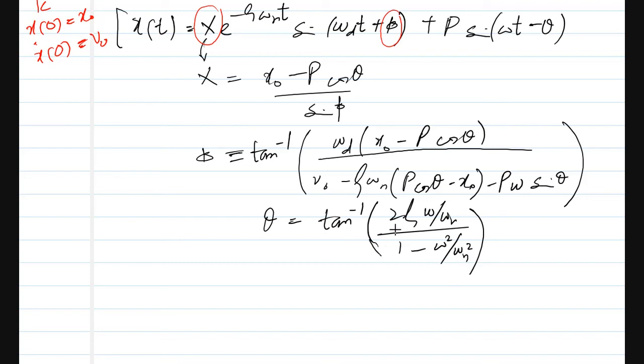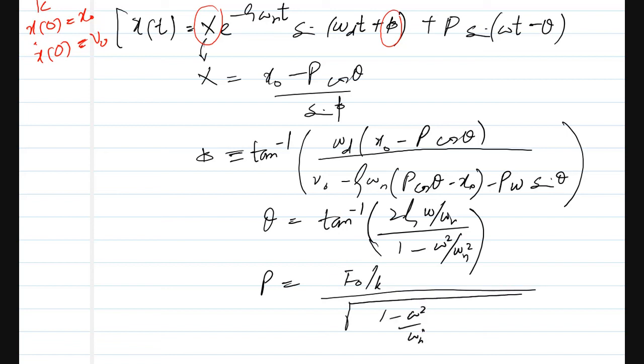This is what theta is. And P, as you know, is f naught over k divided by the square root of 1 minus omega squared over omega n squared, whole squared, plus 2 zeta omega by omega n, whole squared.